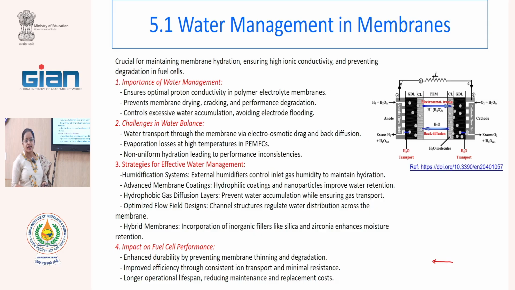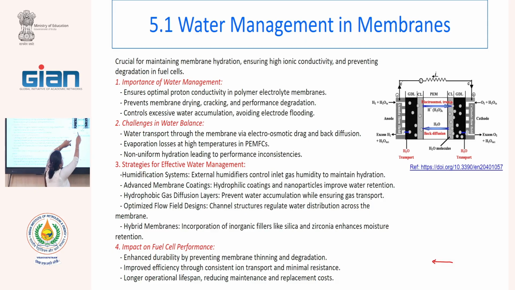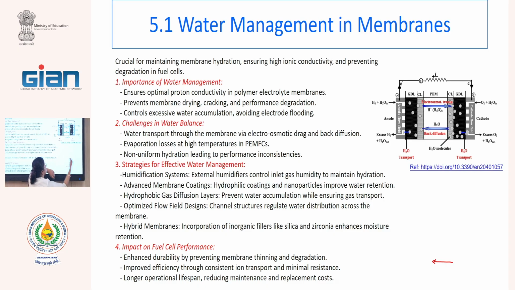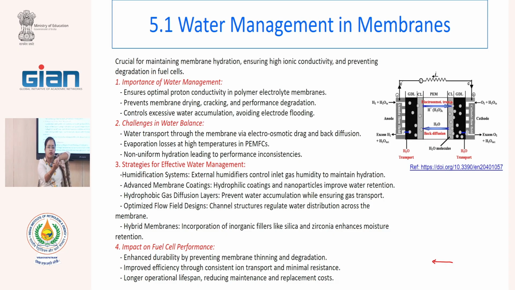Because there is electroosmotic drag, as I was telling. Electroosmotic drag means that when I have a back diffusion, so electric transport is like this, when I have a back diffusion towards that side, the water molecules drag the ions with them.